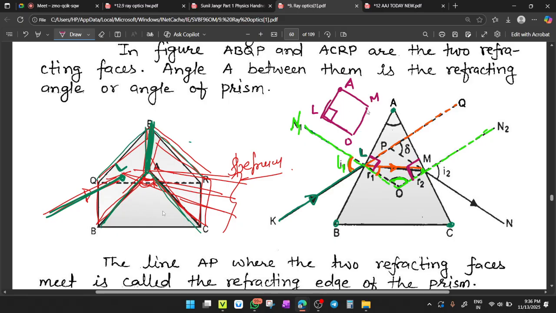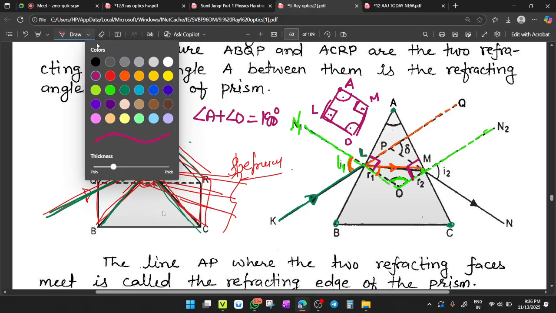Again, this is normal and this is a surface. So this angle equals 90. Means the sum of these two angles, angle L plus angle M, equals 180 degrees, because both angles contribute 90 and 90, equal to 180. So by the property of quadrilateral, angle A plus angle O has to be how much, beta? 180 degrees. Got it? Okay.